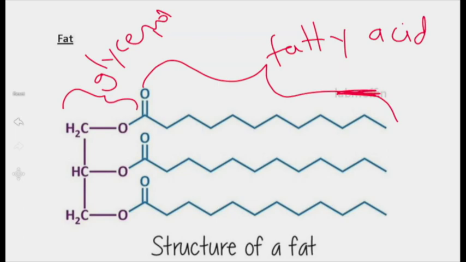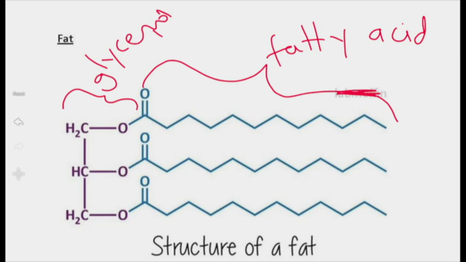So it's very important for you as a student to know the structure and be able to draw a structure of fat. It may not be exactly like this, but as you can draw the lines, the carbon-oxygen double bonds and the CH2 on the left, differentiating it from the structure of a protein, the structure of a glucose or starch, then that is the important part for you as a learner at this level.